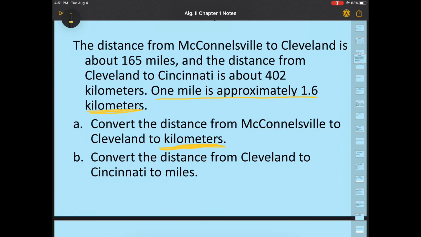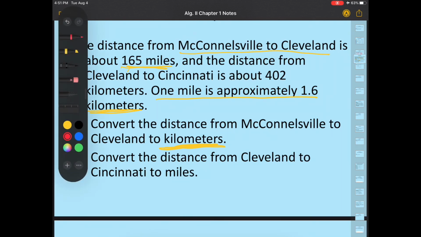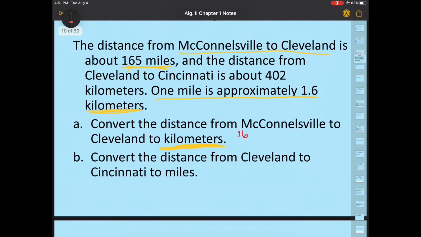So we know that McConnelsville to Cleveland is 165 miles. And that's just over 1, but like what we did before in the last example, I need to cancel out miles. So we know from our information up here that 1 mile is 1.6 kilometers.